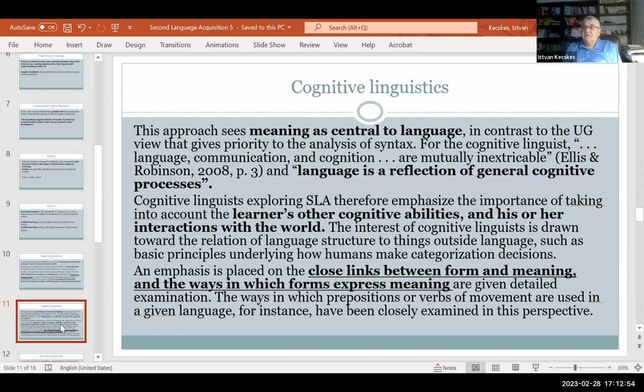But we have known that, I think, even earlier, because we said that the most important thing in any human language is that if we want to express some kind of meaning, we can use a lot of different forms to express the same meaning. And the other way around, a form can express a lot of different meanings. So basically there is not that much new in this kind of approach.